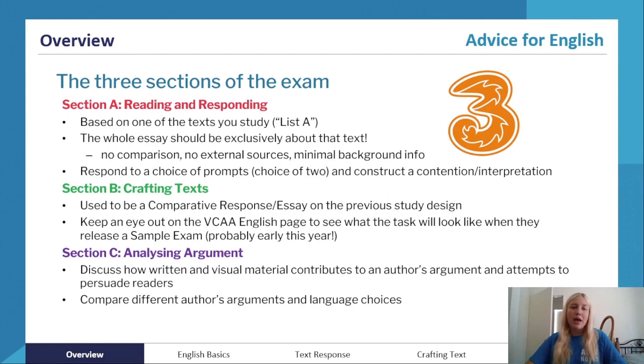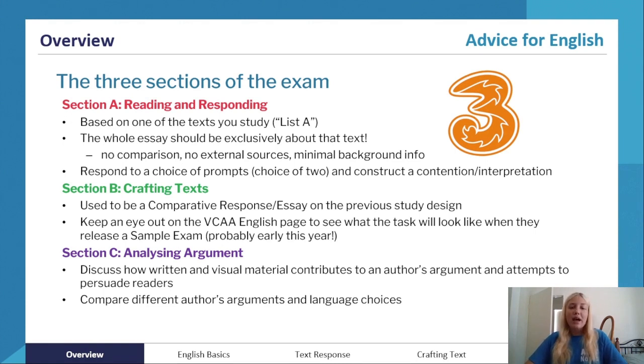So you need to be prepared for a variety of prompts, have a range of quotes for various prompts that you could get. And rote learning and memorizing essays won't really get you anywhere far. So it's good to know that early on in the year and ensure that you're studying appropriately.